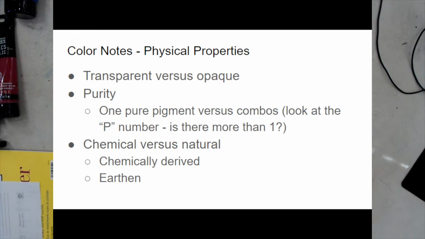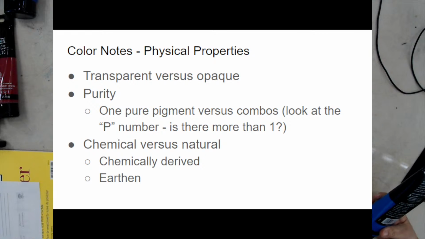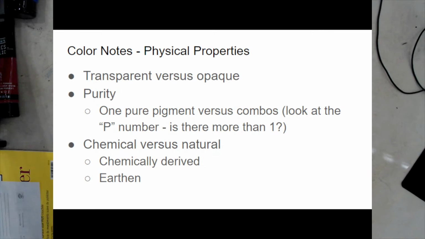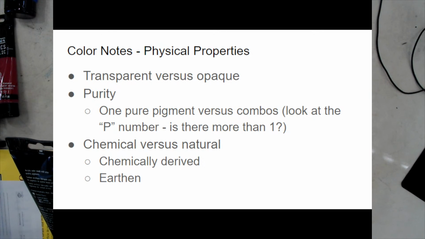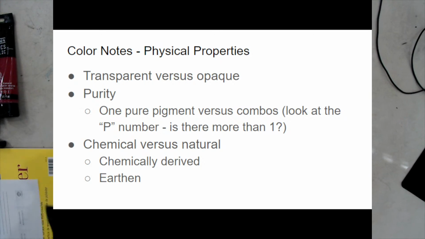All right. So a color that I love, that I actually do buy. Okay, this is another example of a color that has more than one P number. We have PB29, PB15:3, PG7, and PW6. So PB is a blue. PB29 is ultramarine blue. I already have that.